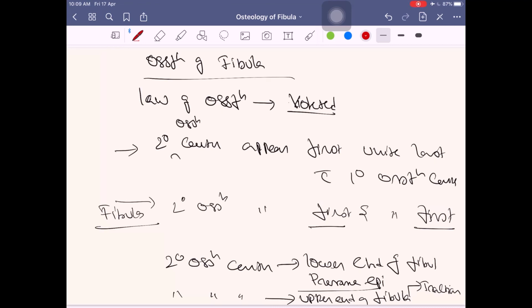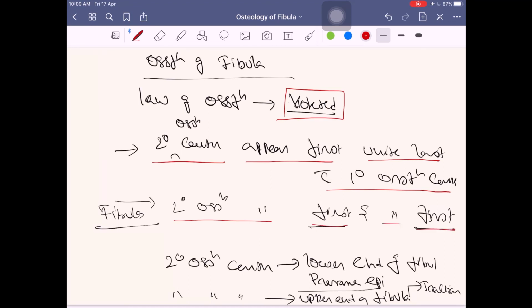But this particular law is violated in the case of your fibula, which means the secondary ossification center which appears first unites first with the primary ossification center. So it is appearing first and uniting first. This is what we call violation of this particular law of ossification. There is an explanation given for this. The explanation is there are two secondary ossification centers, one for the lower end and another for the upper end.